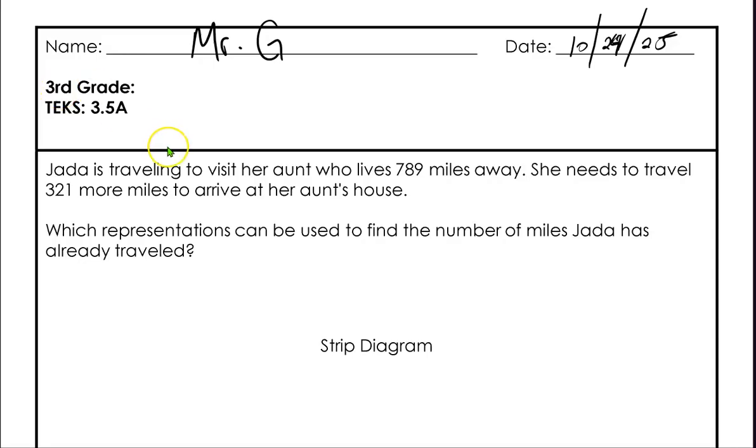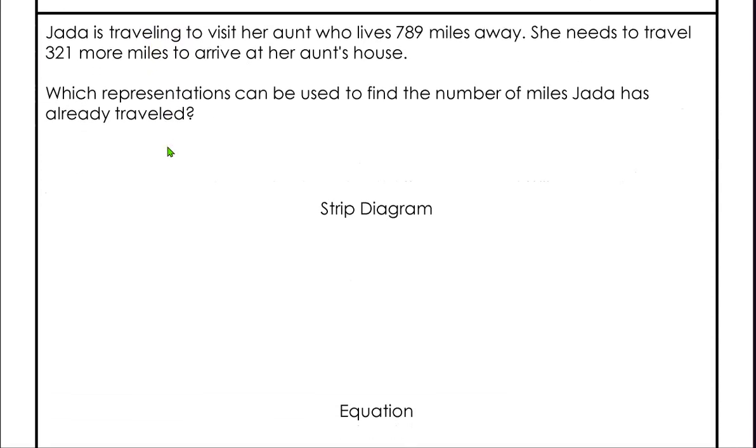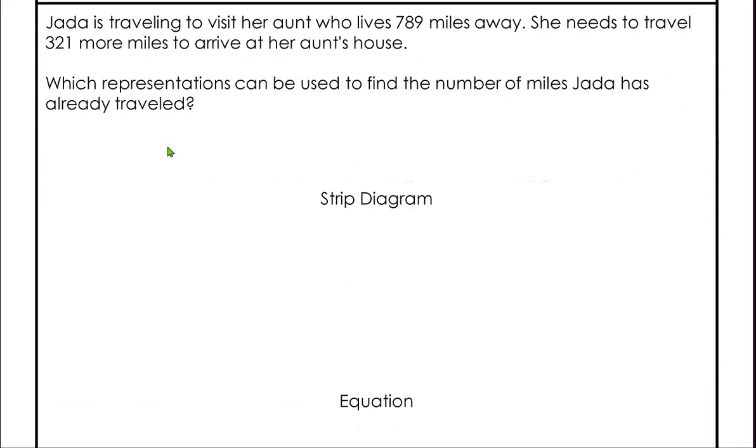First one. Jada is traveling to visit her aunt who lives 789 miles away. She needs to travel 321 more miles to arrive at her aunt's house. Which representations can be used to find the number of miles Jada has already traveled?